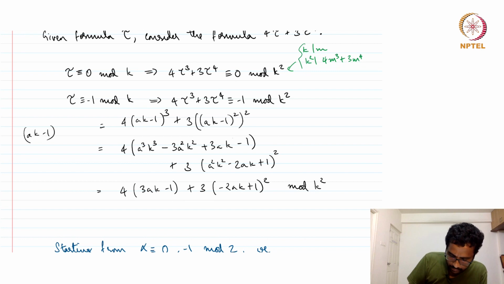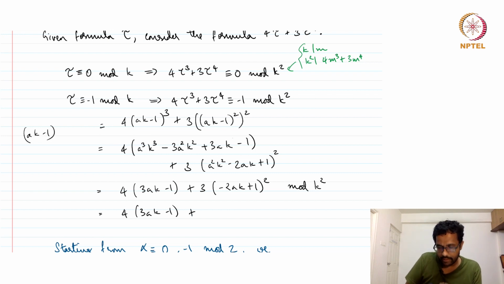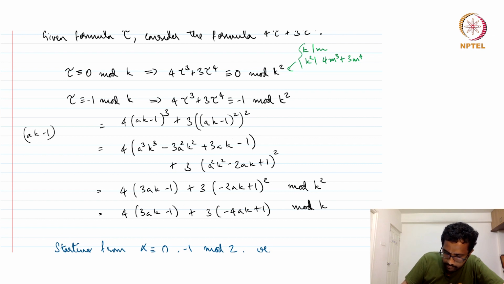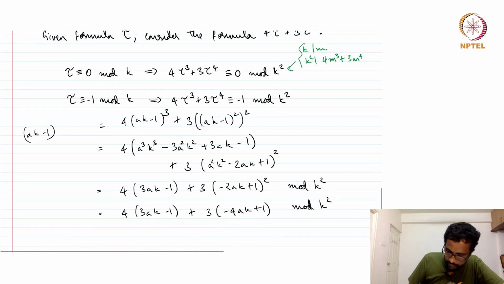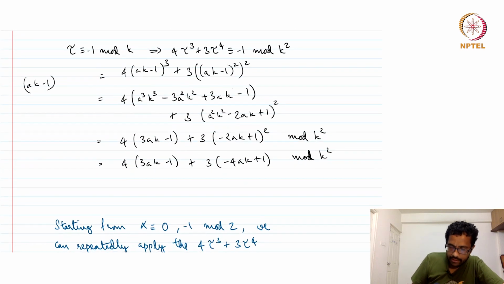If you expand these, the k squared terms vanish. What remains is 3 times (minus 4 ak plus 1) modulo k squared, and the 12 ak plus and minus terms will cancel, and what remains is minus 4 plus 3, which is minus 1.